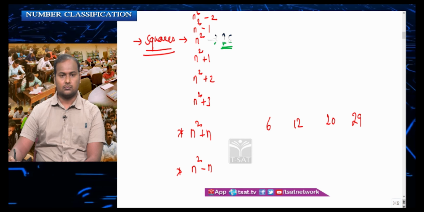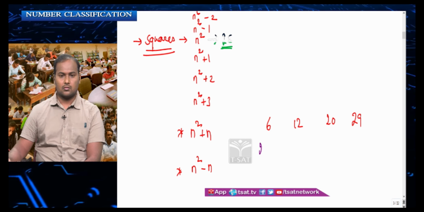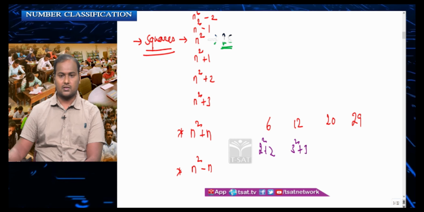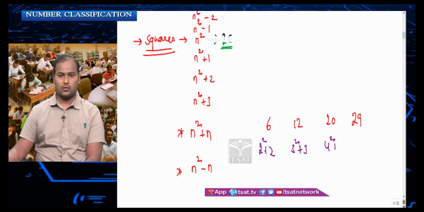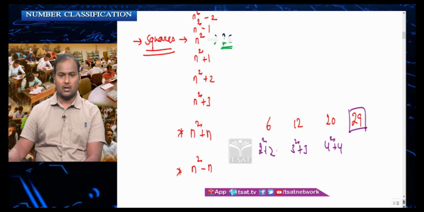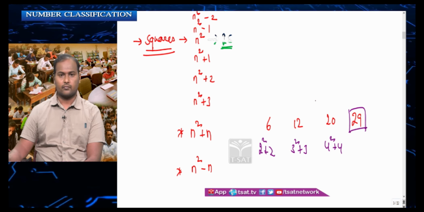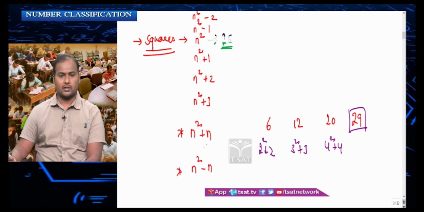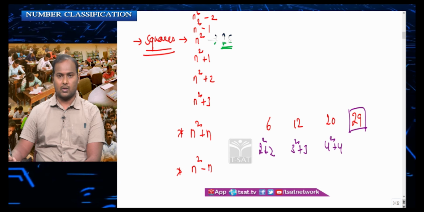If you see this one, 2 square plus 2, 3 square plus 3, 4 square plus 4. So this one is not in the format of n square plus n. You may expect in the exam the values of n square plus n and the values of n square minus n.